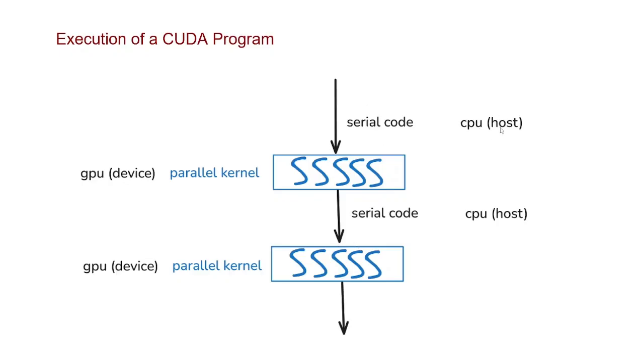For the CPU, we use the terminology host. So the host is the CPU, and we'll see we use the terminology device for the GPU. This also introduces another way of looking at this program. We can think that there's a main control program running as a process on the CPU, and at different points it launches jobs on the device, which is really a co-processor.